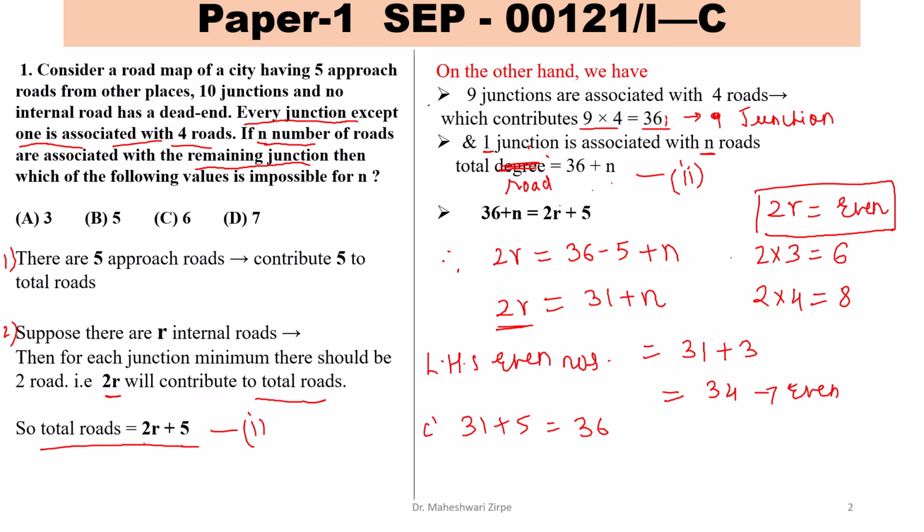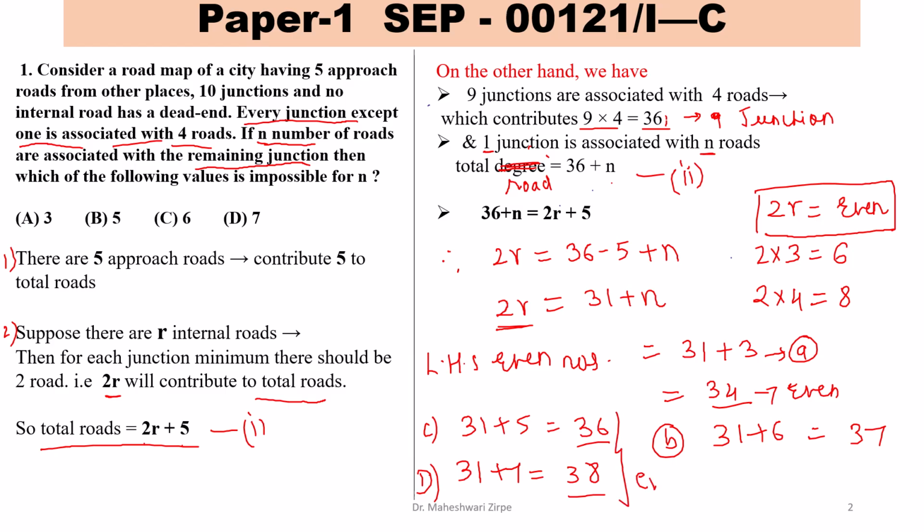That is option C, this was option A, then option B is 6. So 31 plus 6 means 37 we are going to get, and the last option is 31 plus 7, that is 38. So if you see 36, 38 and 34, all are even numbers.